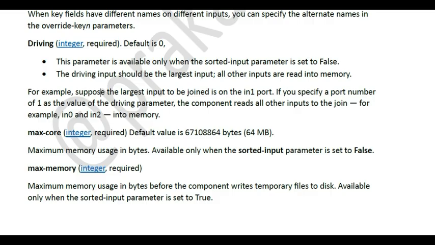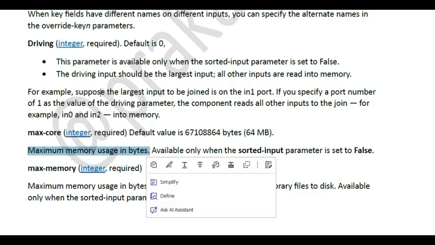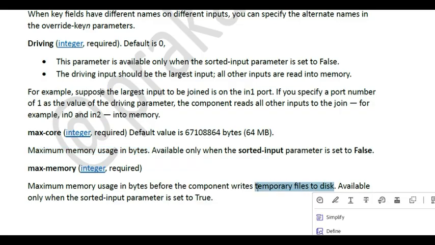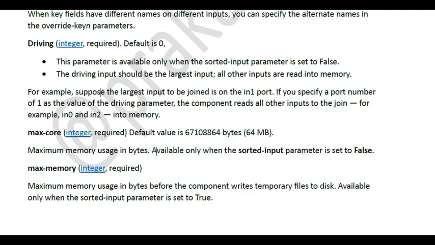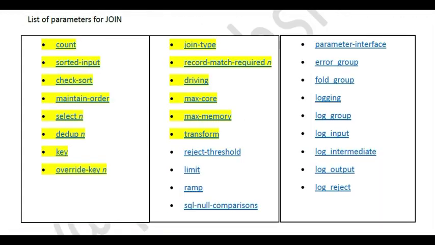If it exceeds the specified size, then it will write temporary files to your disk. So spillage may occur if the size you specified is less than what the processing needs, and then you can increase it based on your requirement. Okay, so this is how the parameters work for the join component.